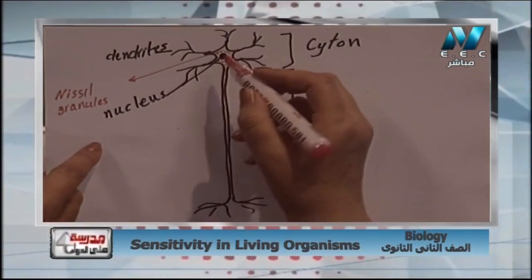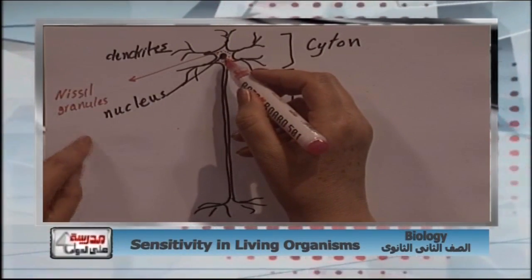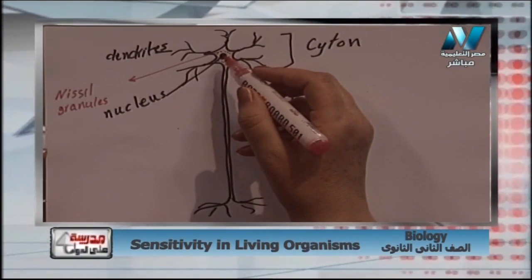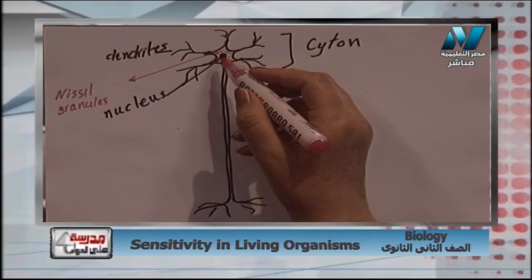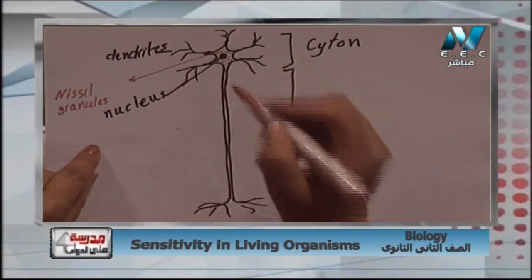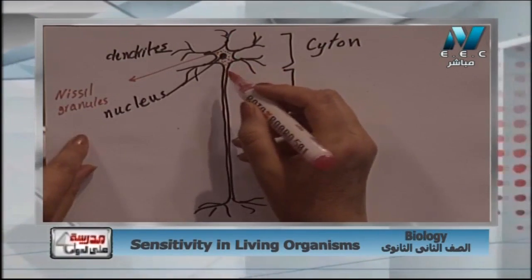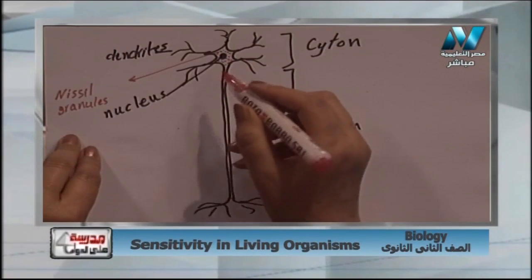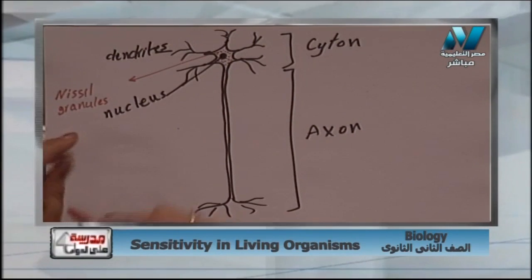So the number of Nissl granules indicates the state of the nervous system, whether it is in action or at rest. At rest, of course, it is greater in number than when it is in action.